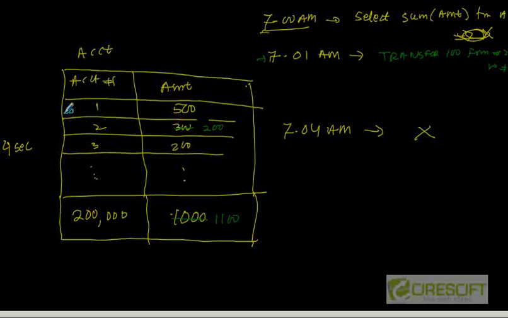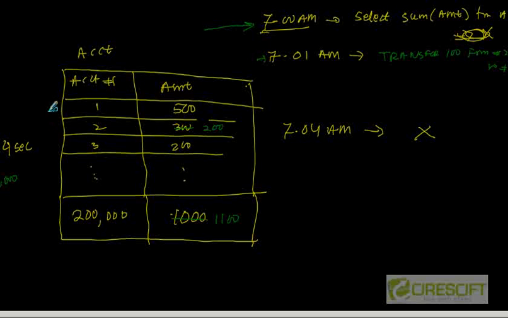Because it takes 4 seconds to completely read all of this, maybe after 1 second it has already read 50,000 rows. So the transaction that started at 7 a.m. might have already read the old value, 300. It has already considered 300 here, where it should have considered 200.